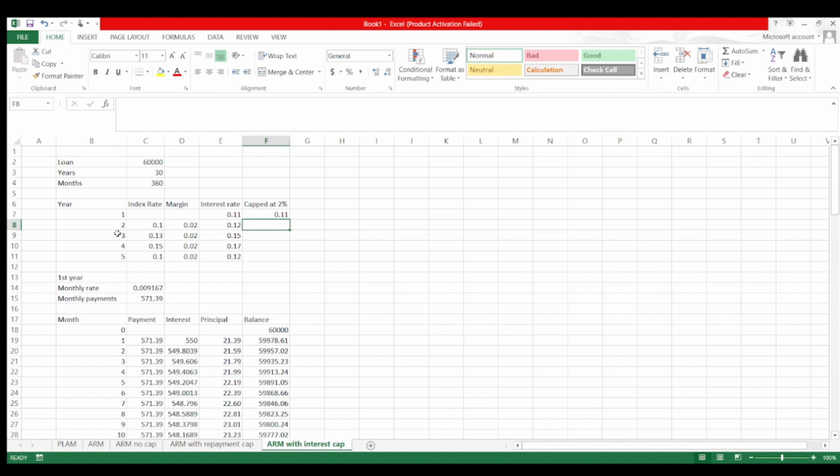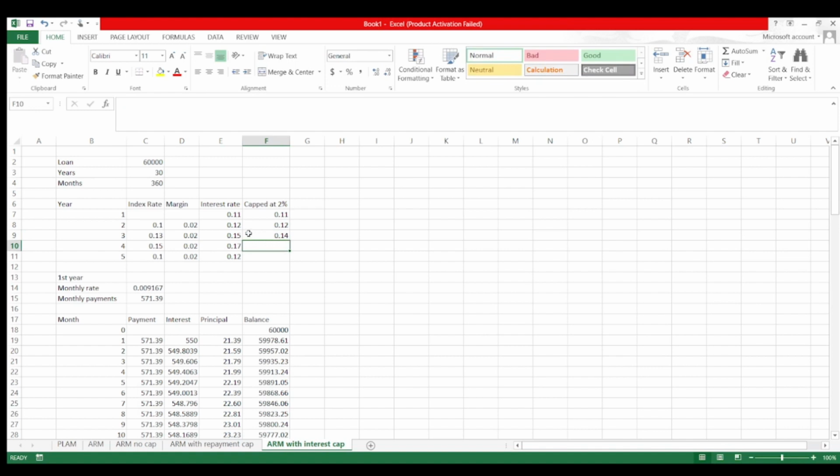So for the second year, since the interest rate is 12% based on the increment from the margin, we still maintain it as 12%. However, from this second year to the third year, we realize that there's an increment of 3%. So we ignore that, and here we'll have 0.14.